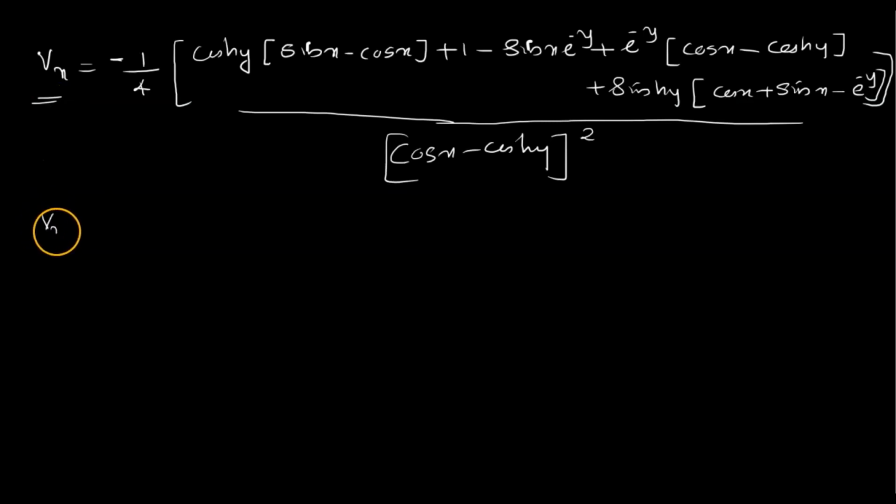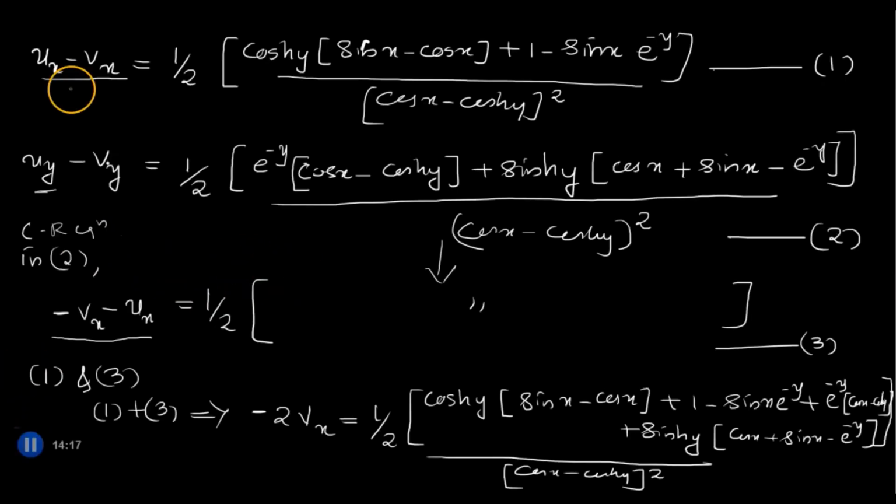Now what is vy? If we find vy, then we can use Milne Thomson method to find f of z. So let's find vy. For that, I am using CR equation in equation 1. What is equation 1? This is ux minus vx.